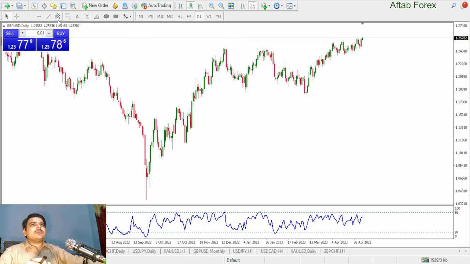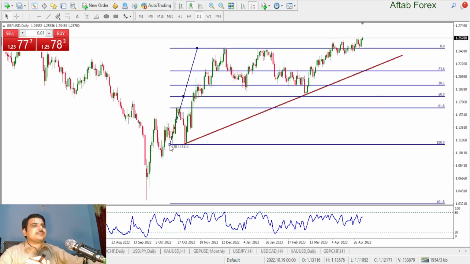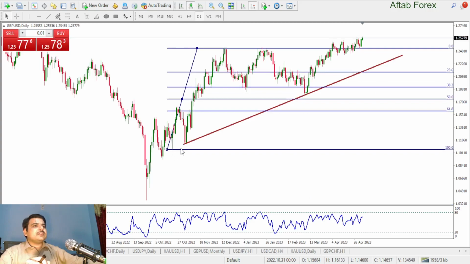On the pound dollar, what I'm looking at is this trend. Let's see the Fibonacci where we have got it. This trend started from, let's include this one. Yes, it falls in the category.